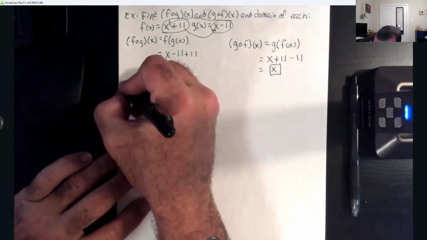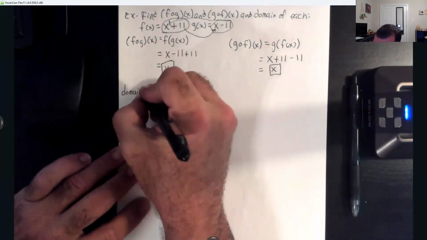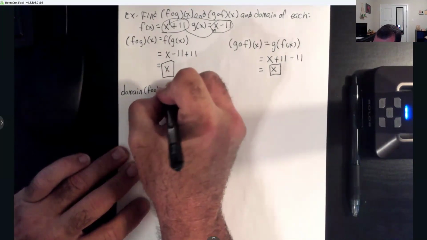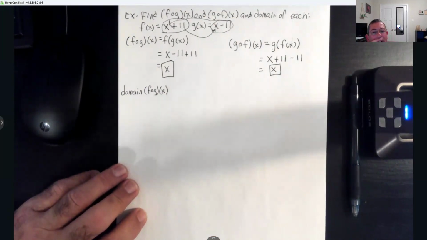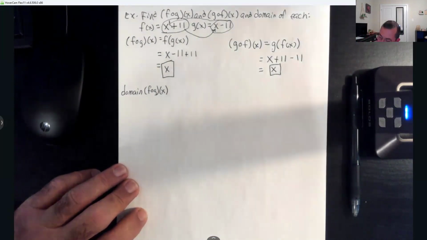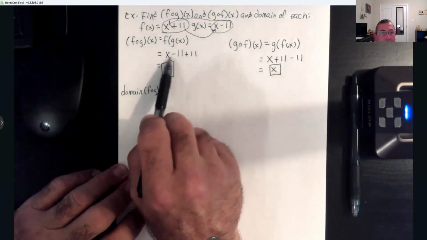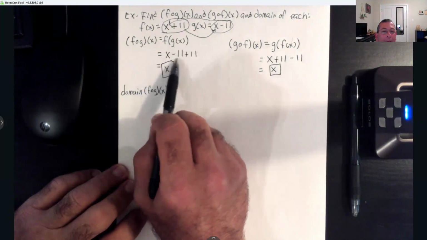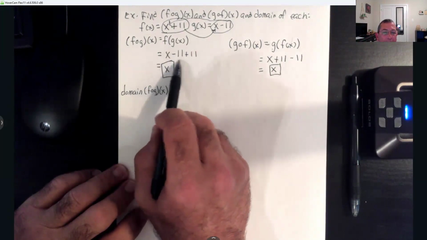All right, so now we're going to find a domain. The first domain is the domain of f compose g of x, which we wrote right here. Here is the question: do y'all think I have any numbers I need to exclude from this function?